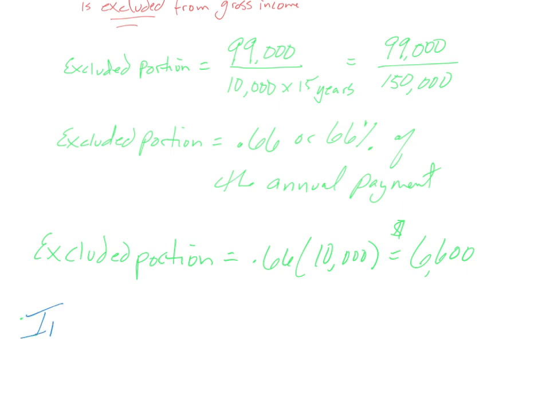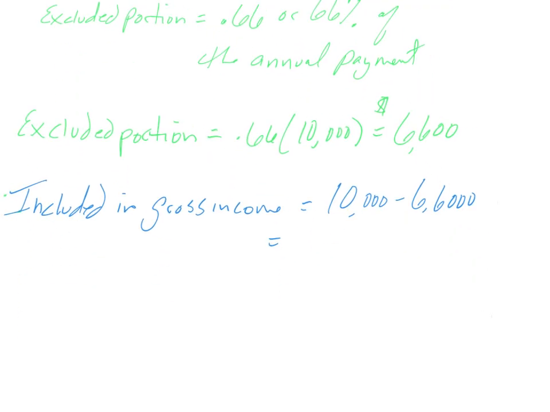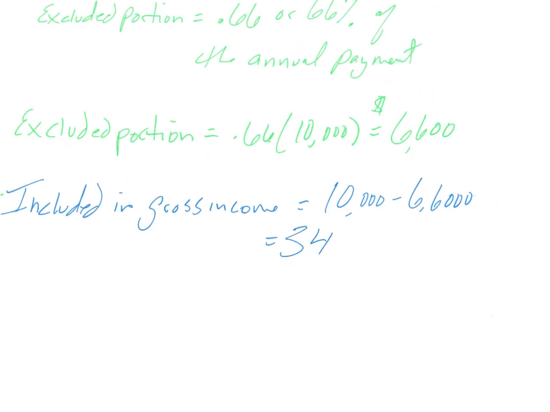So included in gross income equals our payment minus the excluded part, equals $3,400. All right.